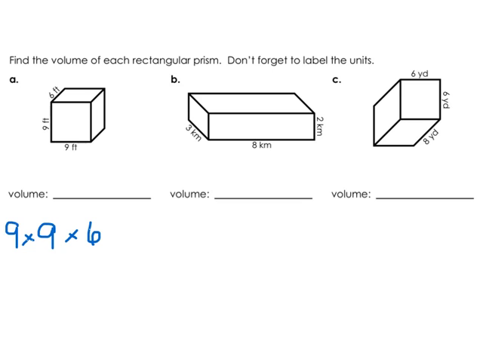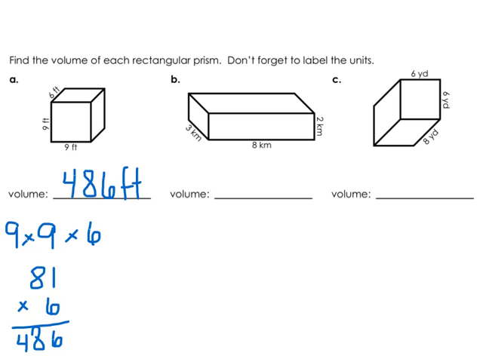Well, 9 times 9 is 81, and 81 times 6. 6 times 1 is 6, and 6 times 8 is 48. So I have 486, and I'm talking feet, and I'm talking cubic, so that's why I put my little 3, feet cubed. I'm talking about little cubes.